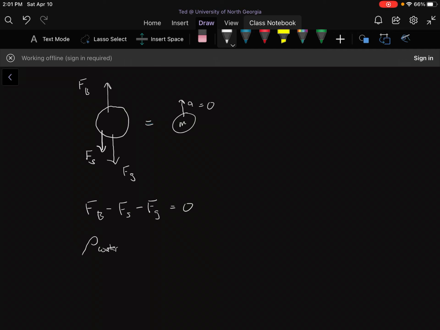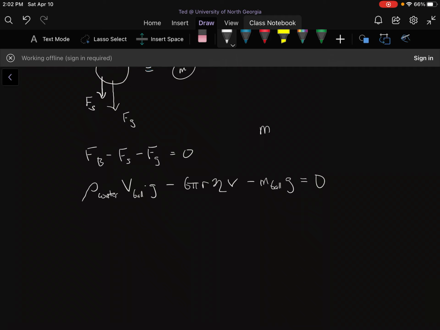the water times the volume of the ball times g minus our formula for the Fs, which is 6 pi times the radius of the ball, the viscosity of the water, times the velocity of the ball, and the force of gravity is going to be minus the mass of the ball times g, and those 3 forces need to add up to 0.